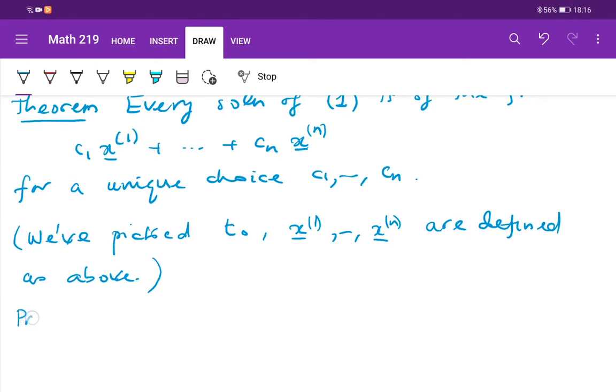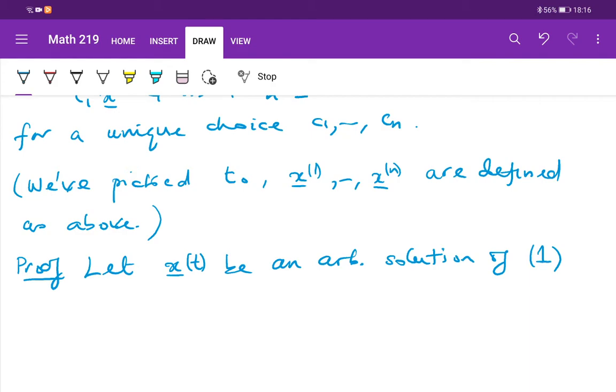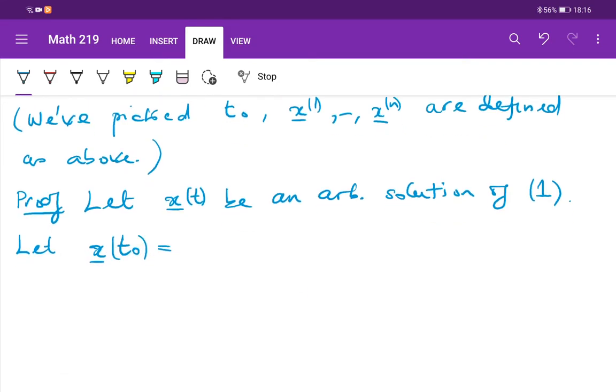Let's prove this. Let x(t) be an arbitrary solution of our homogeneous equation. Let's let x at the value t0, this is a vector, be written as k1 up to kn. It's just a vector.